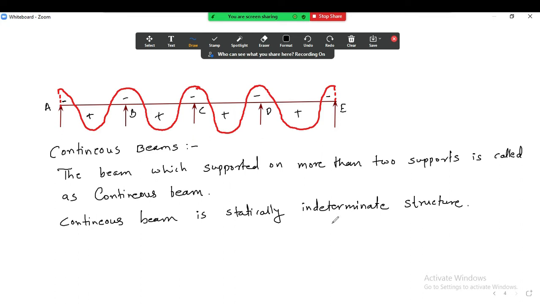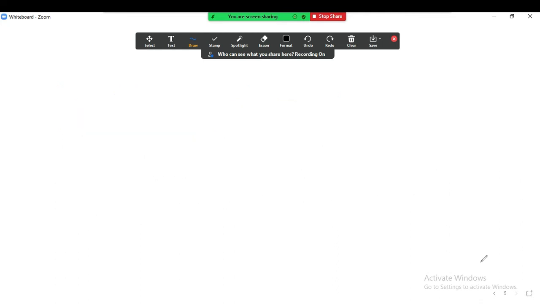Now how to calculate the depth of the continuous beam? There is some thumb rule for the depth that we will see.